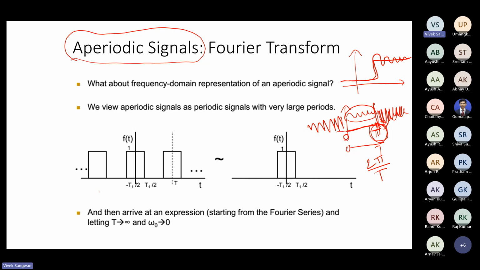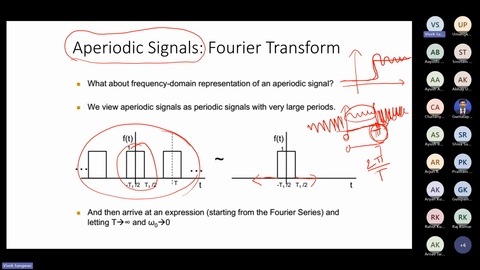So that is what is depicted here. So this is a periodic function. Okay, we zoom in on just one period of it, and then we take these limits T to infinity. And that's how we get the expression for Fourier transform, and that's what we will do.